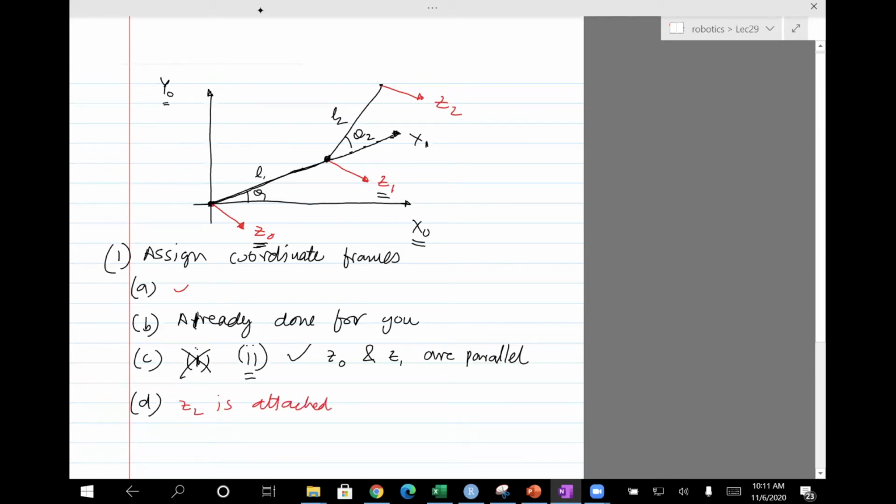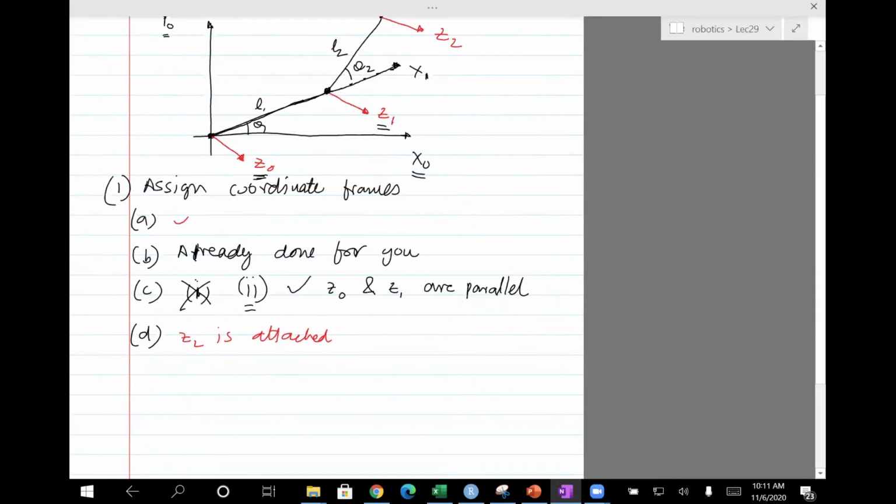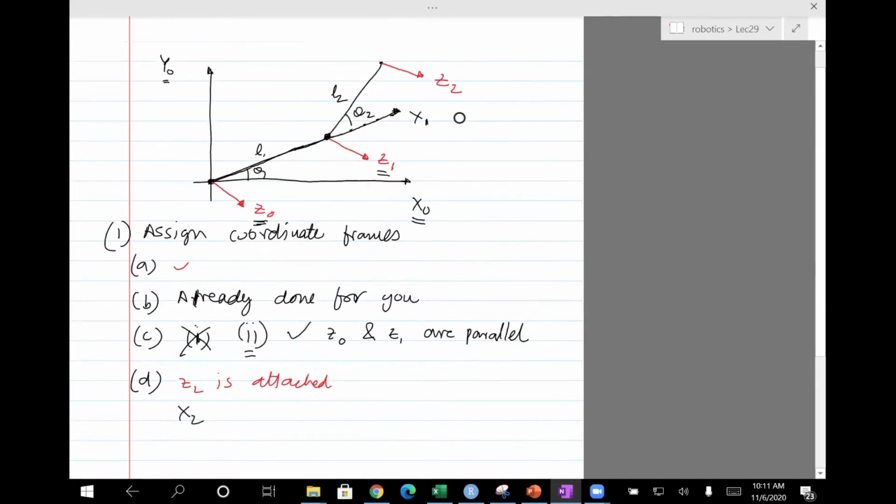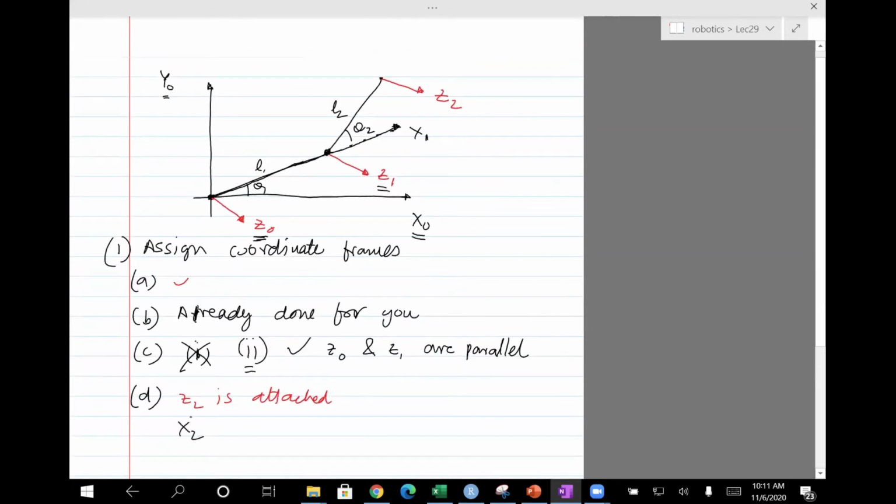Now we need to assign X2. So the handout, this is 1D, says, depending on the relation between Zn and Zn minus 1, so in this case Z2 and Z1, attach frame Xn, so X2. Okay. So how do we find the relation between Z1 and Z2?